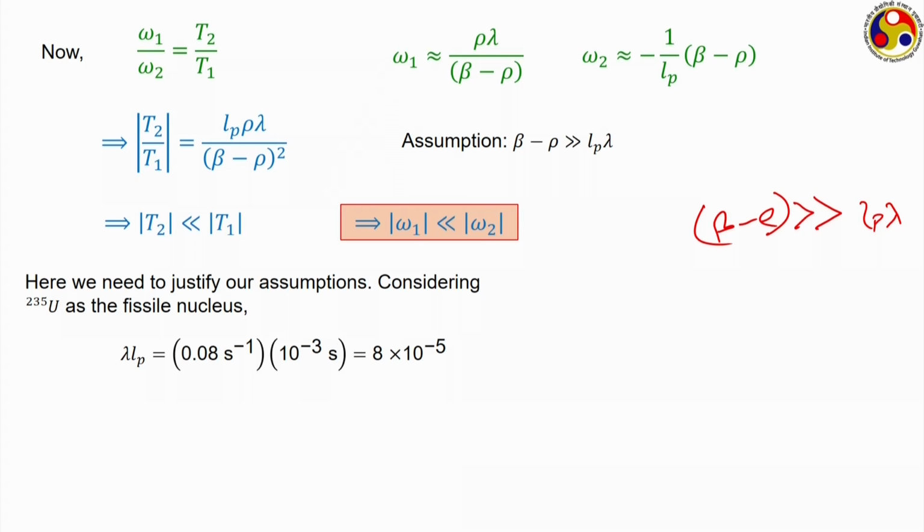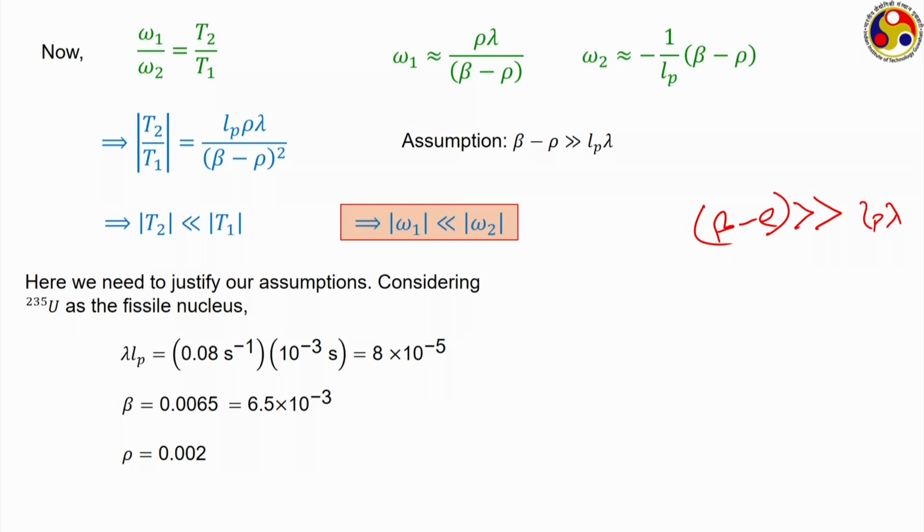So, the product of lambda and LP is of the order of 10 to the minus 5.